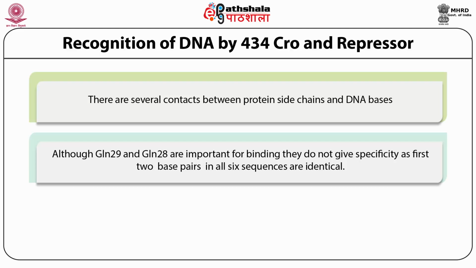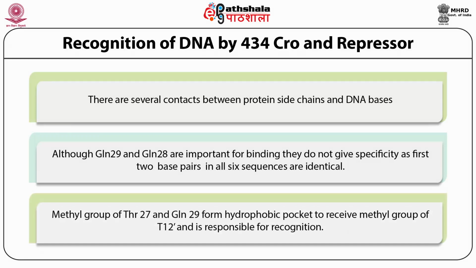So you cannot call these specific contacts. However, the methyl group of threonine 27 and GLN29 form a hydrophobic pocket to receive the methyl group of T12, which is responsible for recognition.